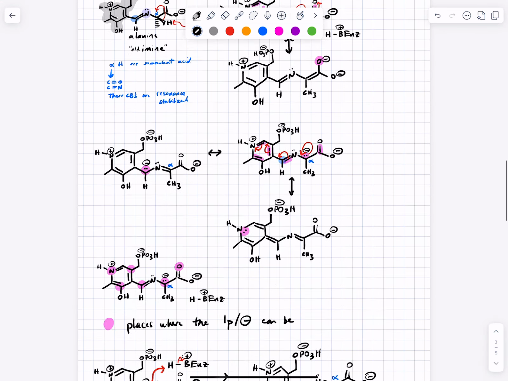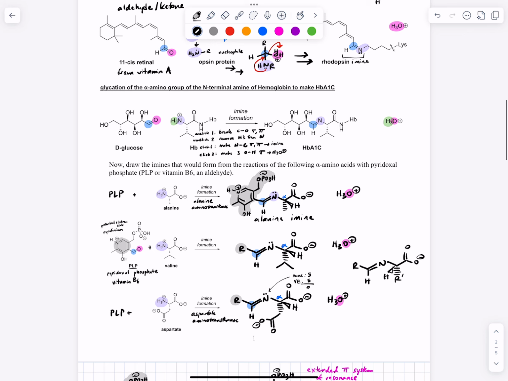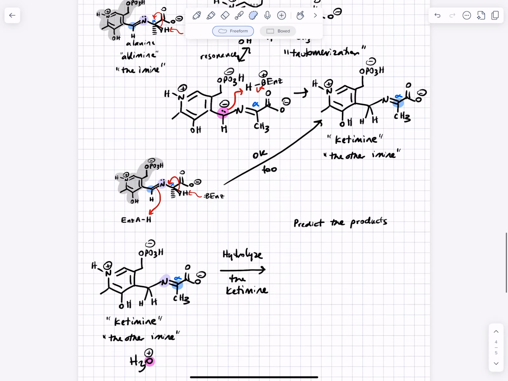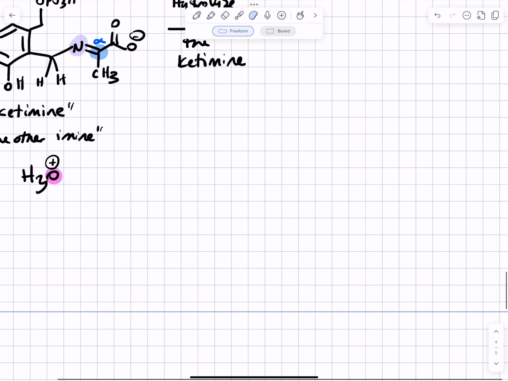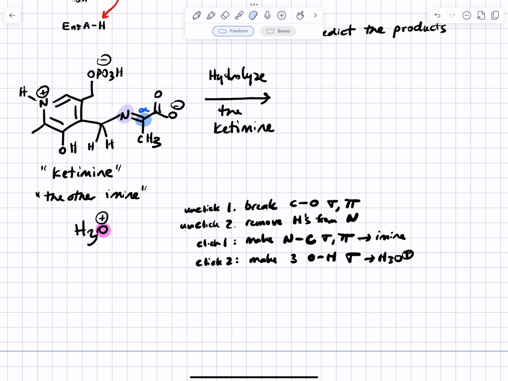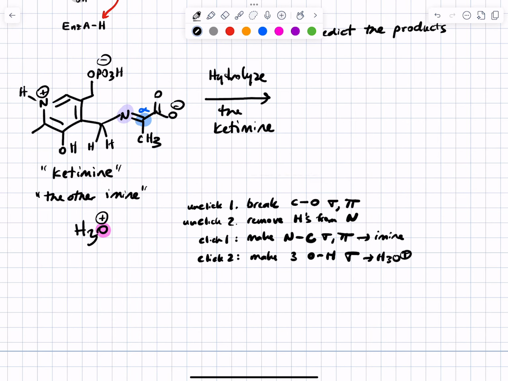And just for completeness, let me bring our imine formation rules. We'll paste them here, enlarge them, only now we're going to call them imine hydrolysis rules. We'll start here.